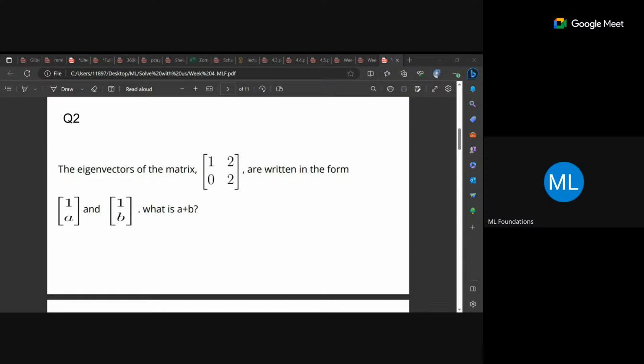Okay, 0.5. Is everyone getting 0.5 as the answer?